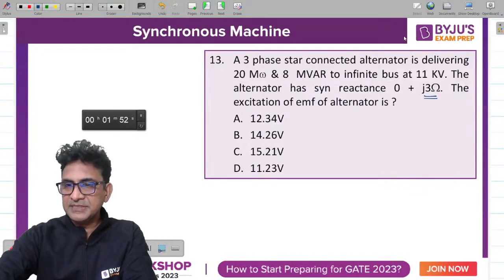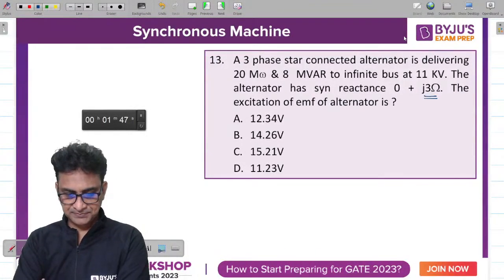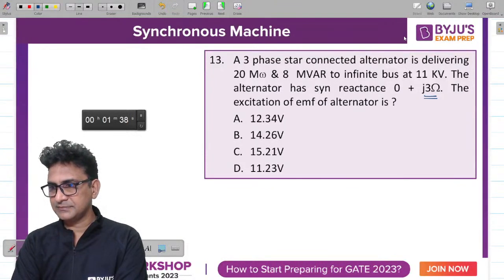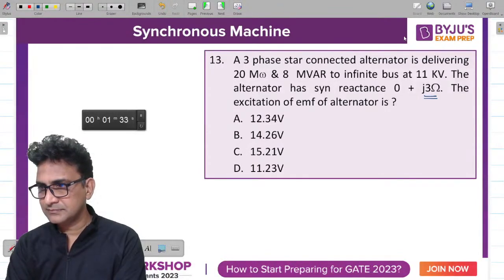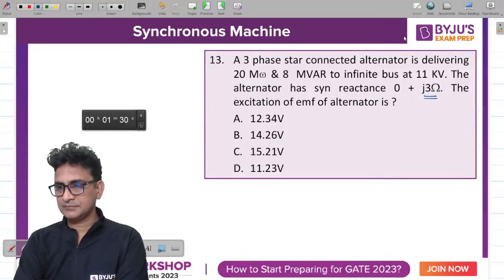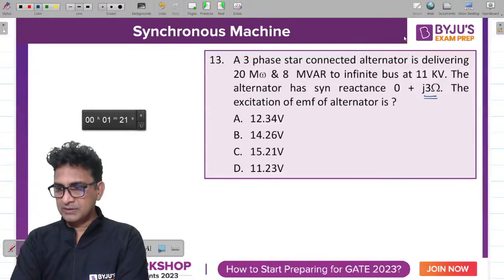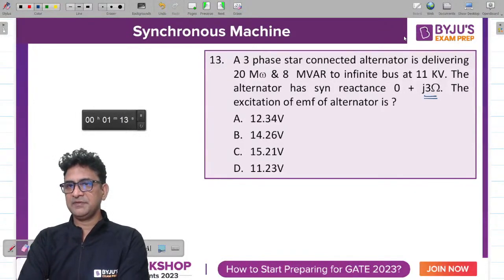Yes, active and reactive power is given. Synchronous reactance is given. Voltage is given. Find out the excitation EMF in case of an alternator. The alternator is giving 20 megawatt of active power and 8 MVAr of reactive power at 11 kV voltage.